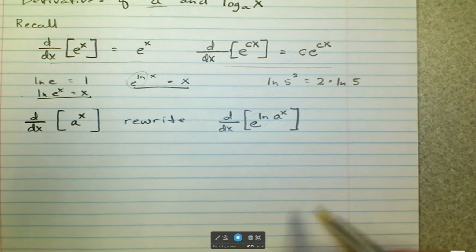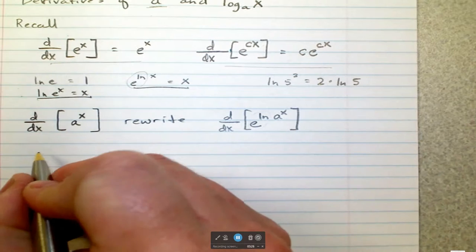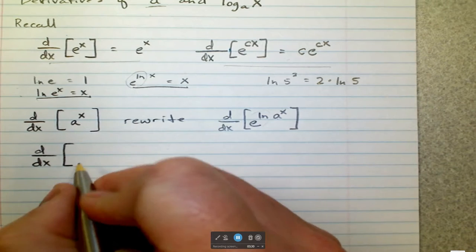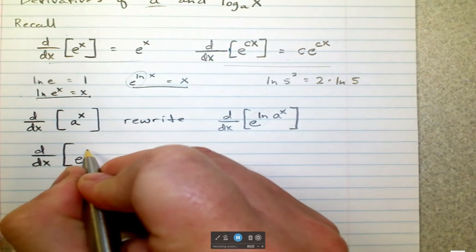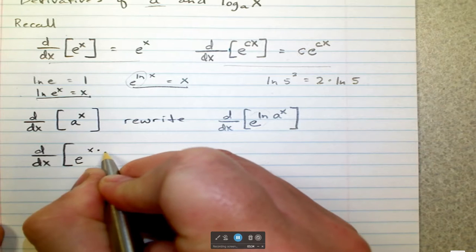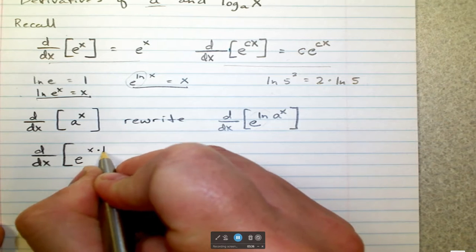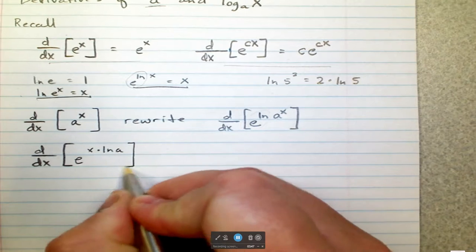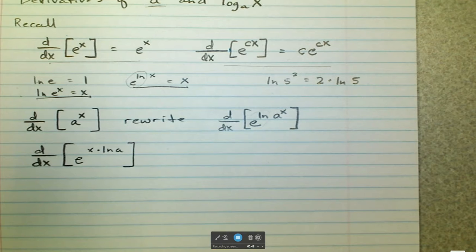So that same concept is going to cause me to rewrite this as e to the x times the natural log of a. X times the natural log of a. So far so good.